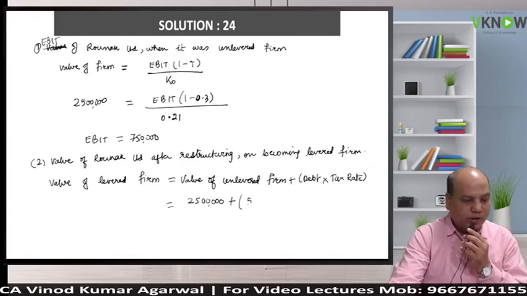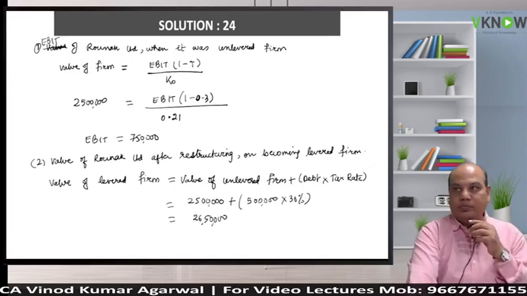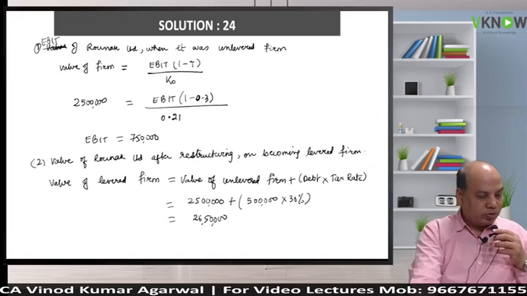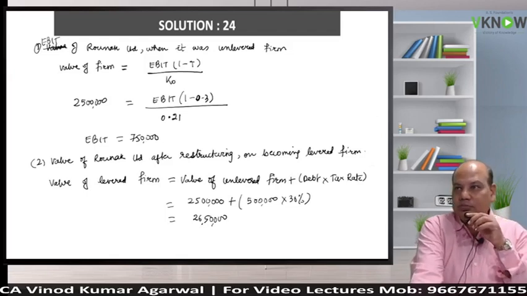Debt will be 5 lakh after restructuring and the tax rate is 30%. So the final answer would be 26 lakh 50,000. Is it right? So my first question was what will be the value of Ronak Limited after restructuring? This is 26 lakh 50,000.